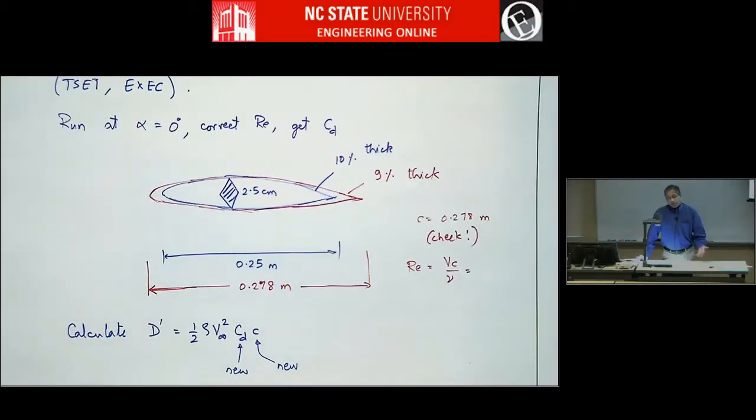And all of that will depend on the velocity. So you do this for 60 and then you repeat it for 30 and see how the results look. So this all seems straightforward, right?